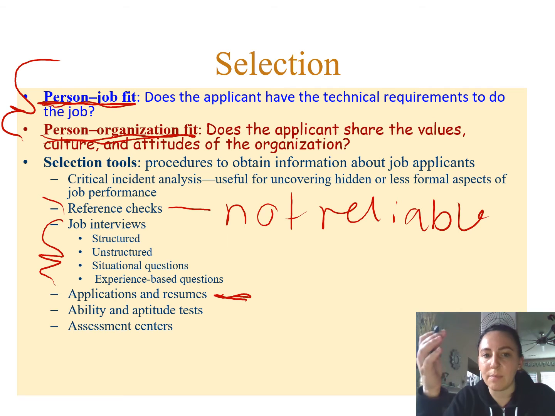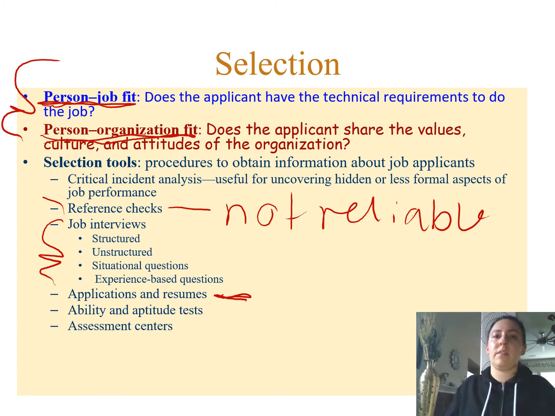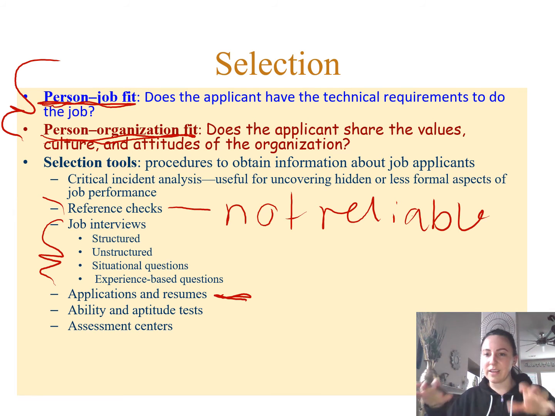Okay, so ability and aptitude tests are those types of tests where they'll ask a question about yourself, where you have to rate yourself on whether you strongly agree or strongly disagree, and then there's the middle of it.